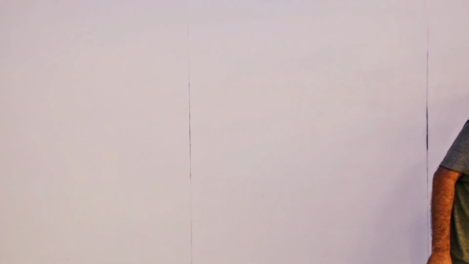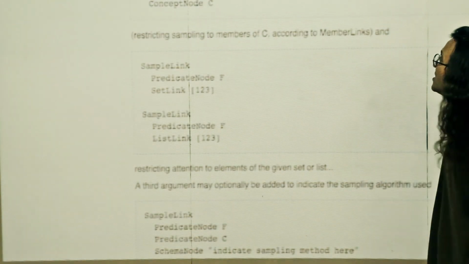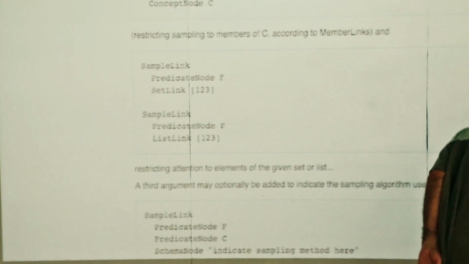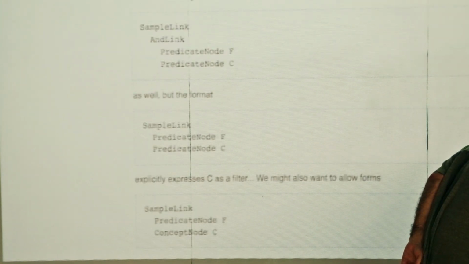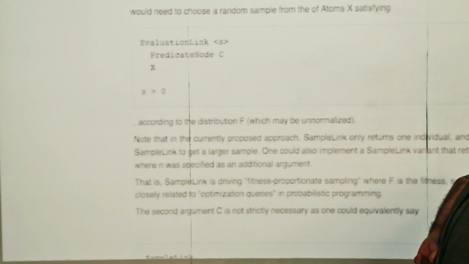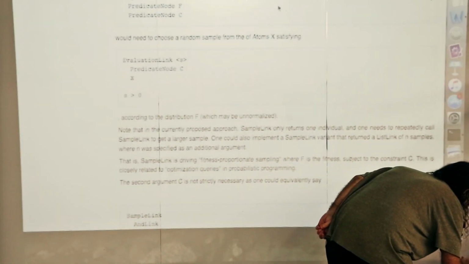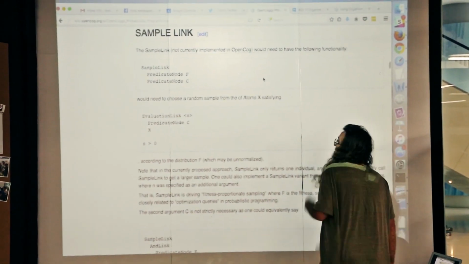So then in that case, the formalism of defining something like a sample link, where you're saying, I want to sample from some distribution.